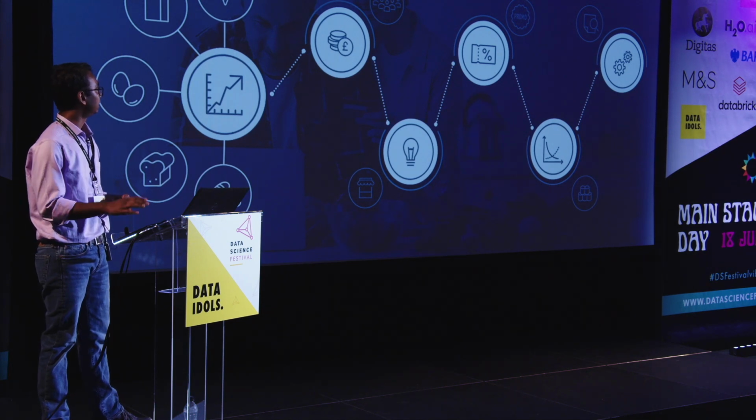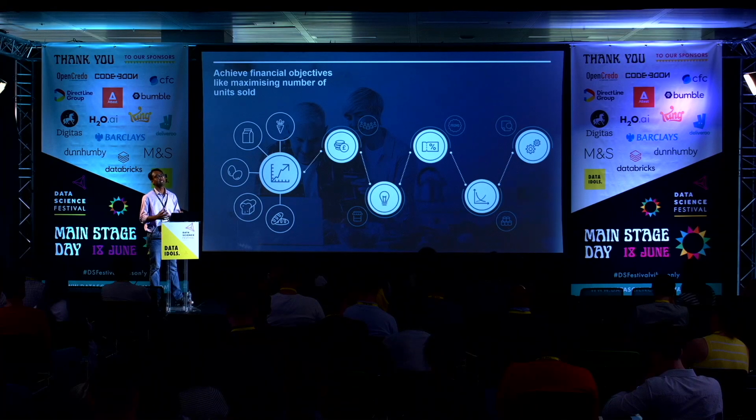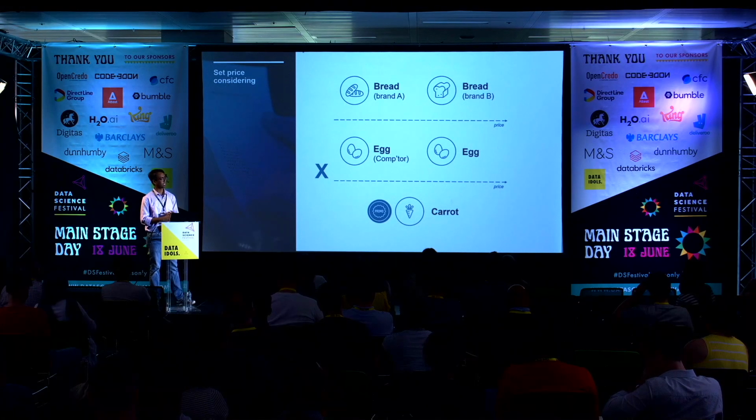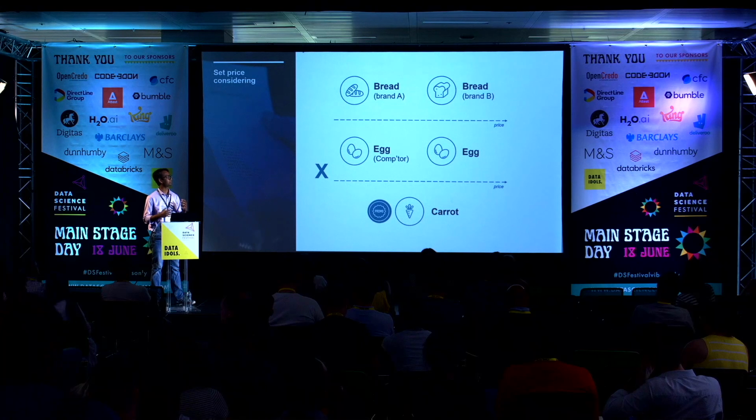They need to consider constraints. First of all, they need to recover the cost of the products that are being sold from the store. And they also need to recover other operational costs. And not just about cost, there are other constraints that they need to consider before they set the price.